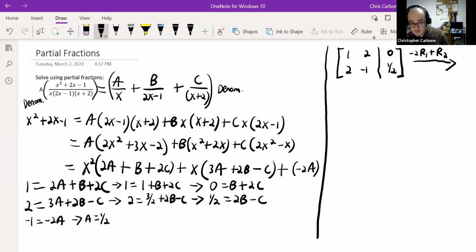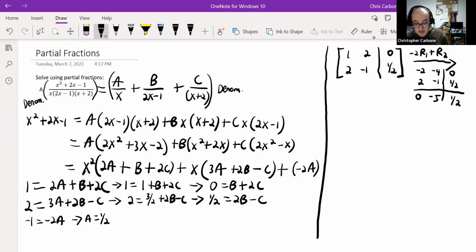If we multiply that top row by -2, we would get -2, -4, and 0. And we have that second row still as 2, -1, 1/2. If we add those down now, we get a 0 here, which we want, a -5, and a 1/2.